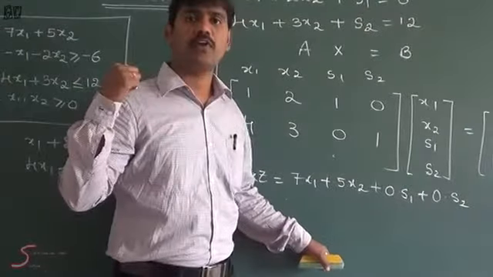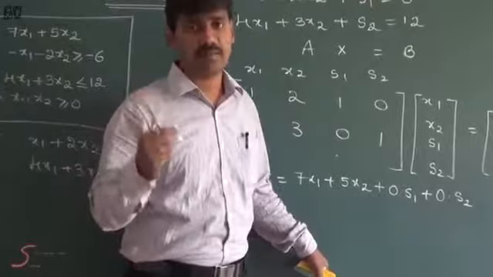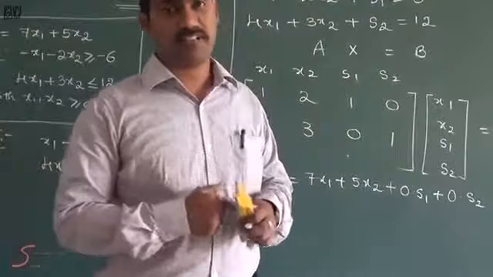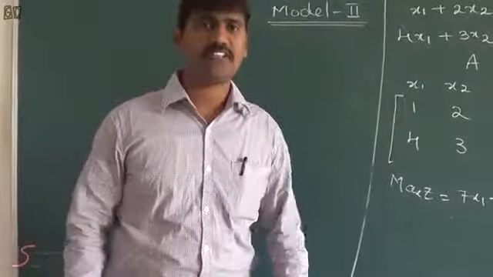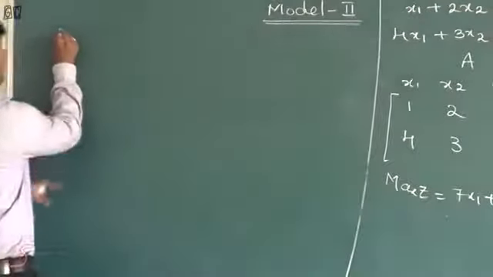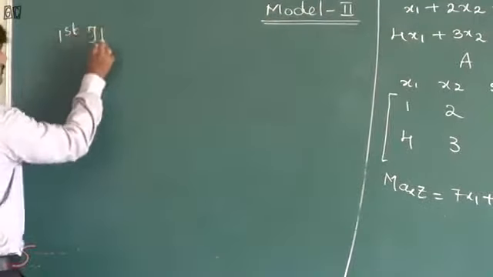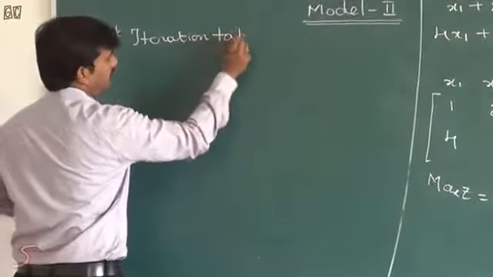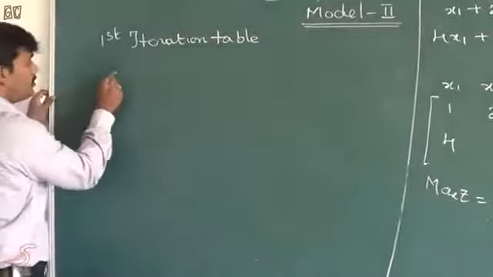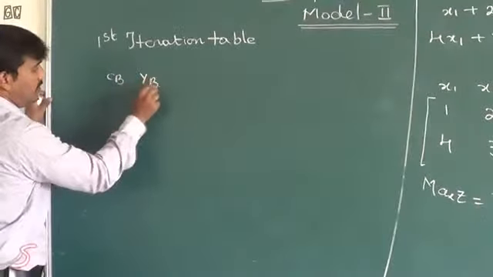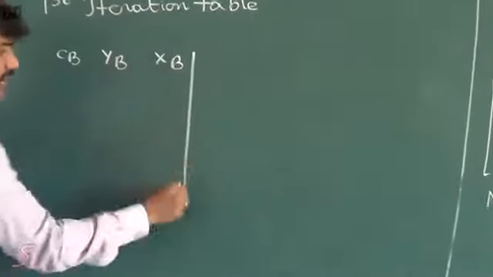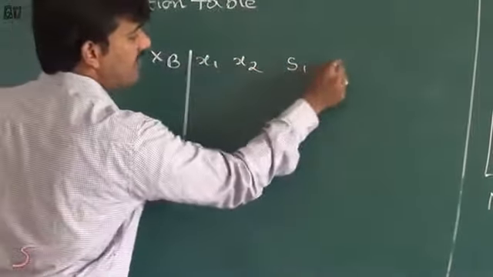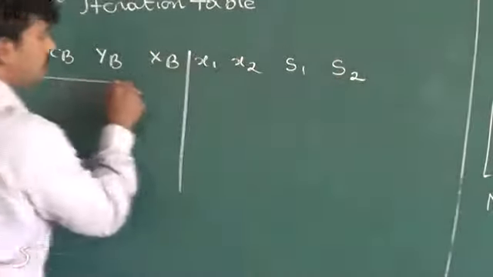After this, we are going to represent the first iteration table. I am going to represent the total matrix in the first iteration table. The first iteration table has CB, YB, XB, and all the variables x1, x2, and the slack variables s1, s2.